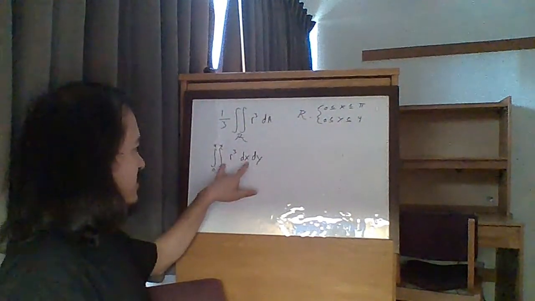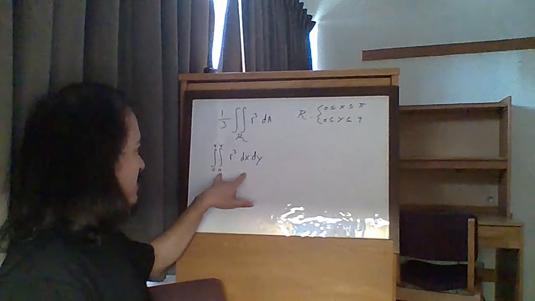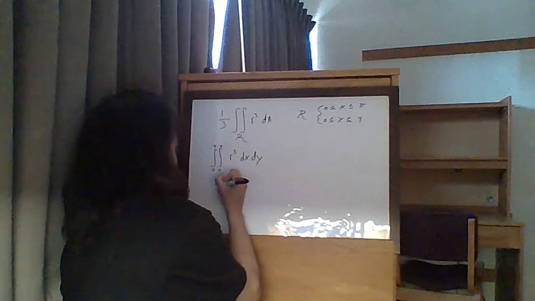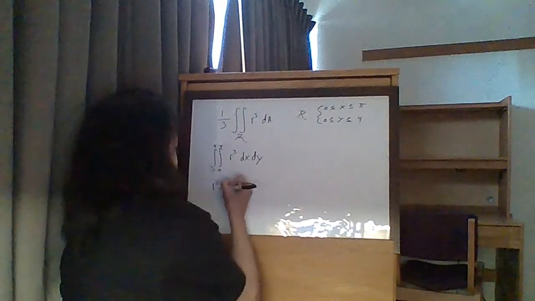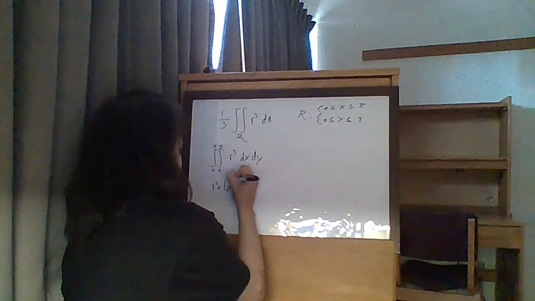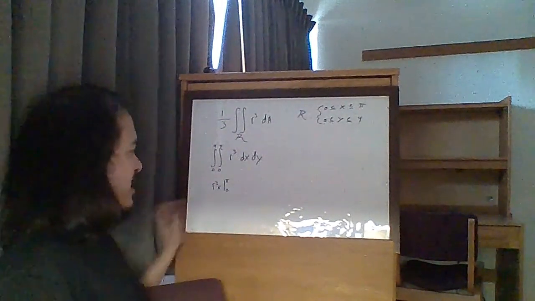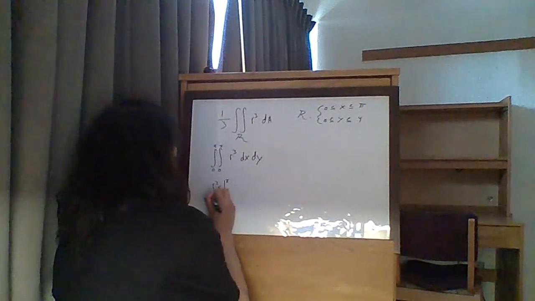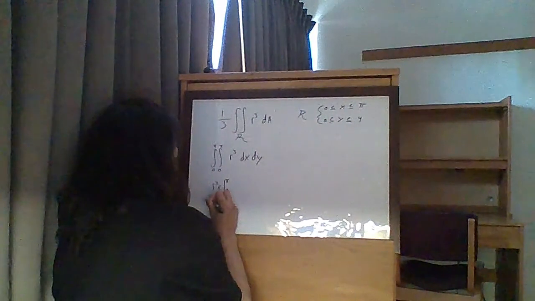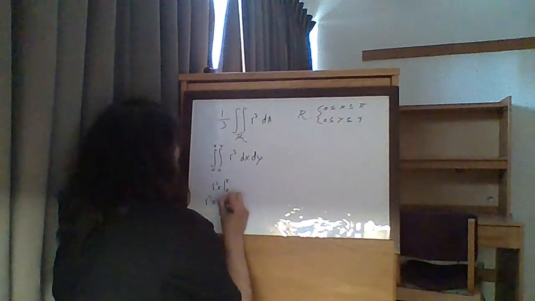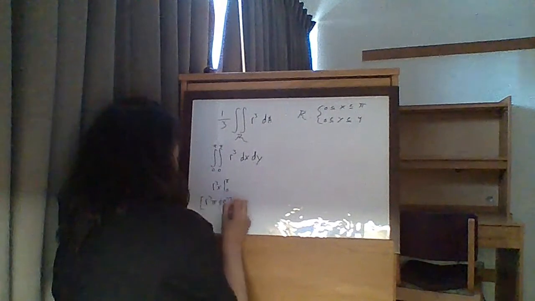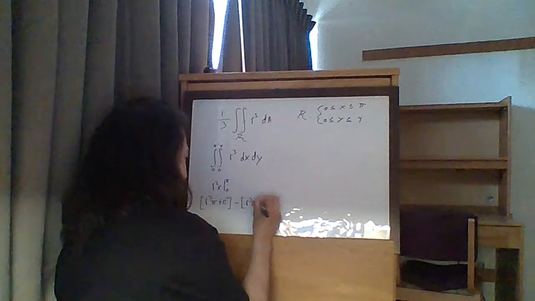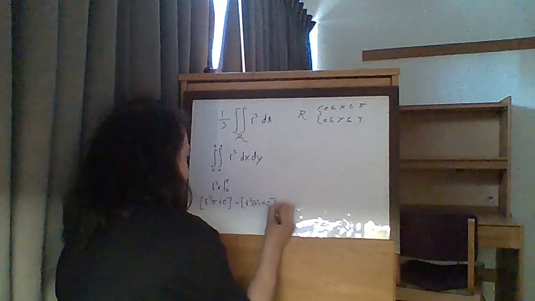So we're going to solve our first one right here, which is from 0 to pi of r cubed dx. It's going to look something like r cubed x from 0 to pi. When we rewrite this out, we're going to have r cubed times pi plus c, minus r cubed times 0 plus c.